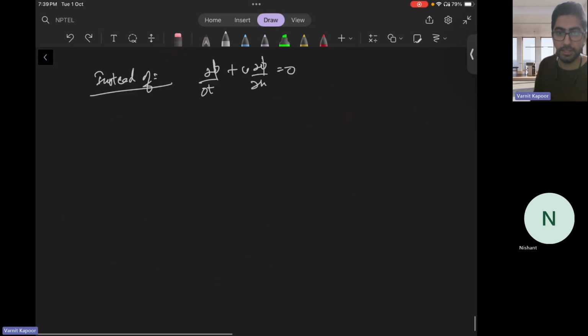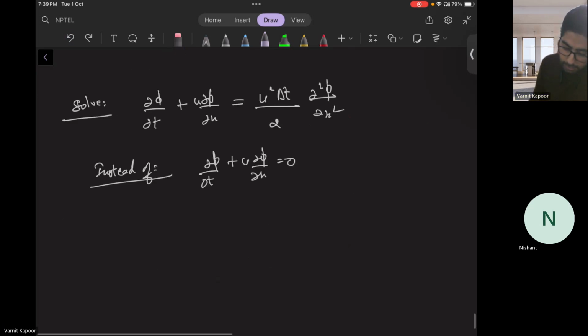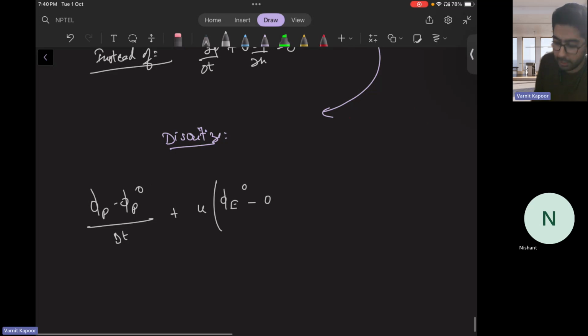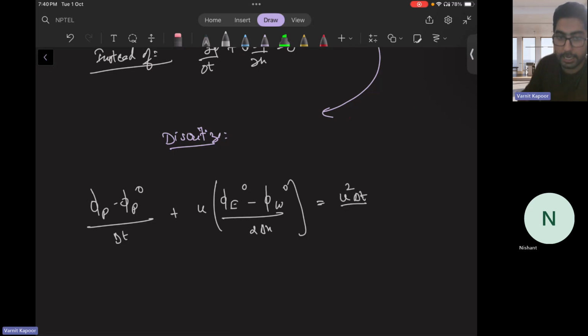So if we discretize this equation, what will you get? Phi p minus phi p naught by delta t plus u times phi e naught minus phi w naught by 2 del x is equal to u square delta t by 2 times the second derivative term.